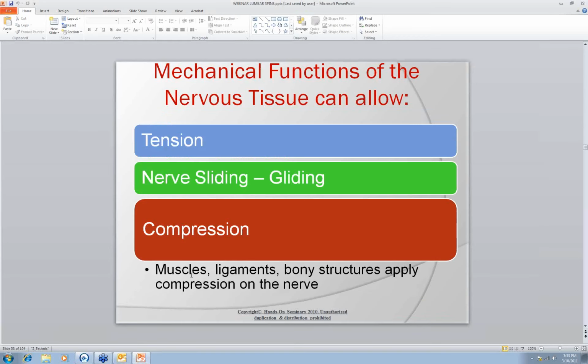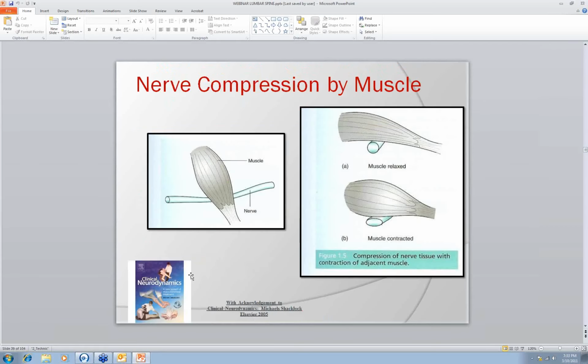And finally, we have compression. Compression can take place in the nerve because of muscles, ligaments, and bony structures. You can see here, for example, a muscle that is relaxed versus a muscle that is contracted, and how the compression of the nerve tissue happens with the contraction of the adjacent muscle.